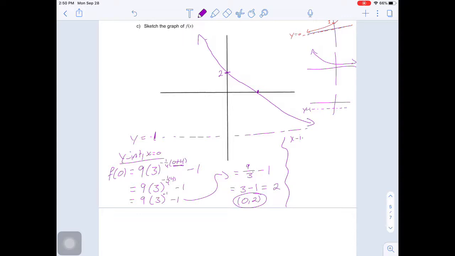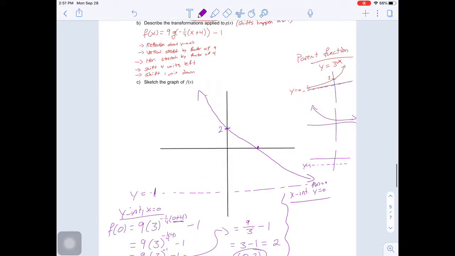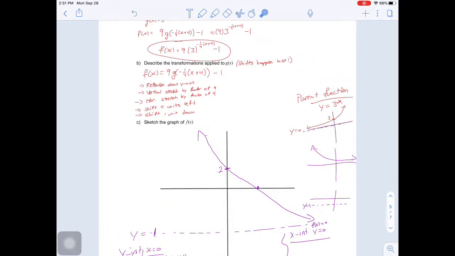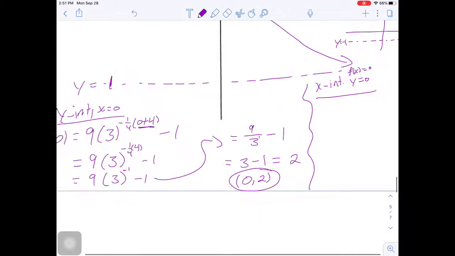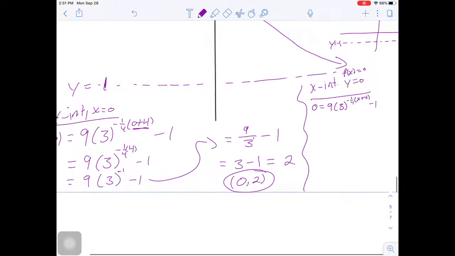So let's find my x-intercept, and that's when y equals 0, or in this case, when f of x equals 0. So I'm going to take my equation and plug 0 in here and solve for x. So this will be 0 equals 9 times 3 to the power of negative 1 over 4, x plus 4, minus 1.